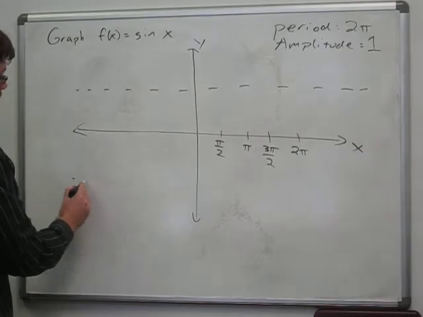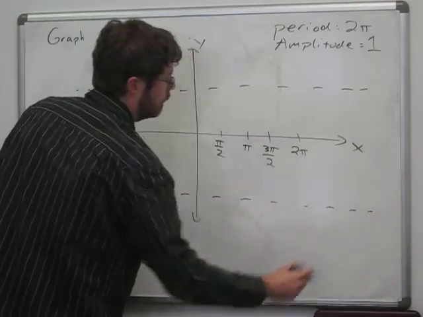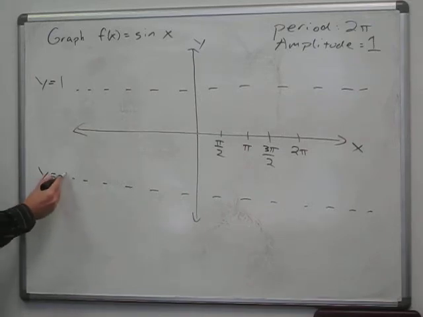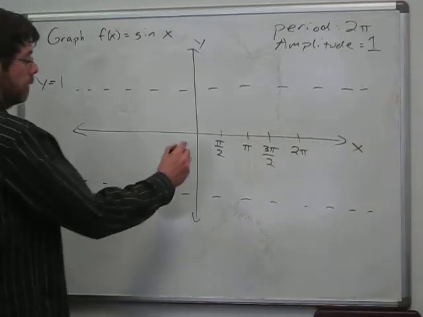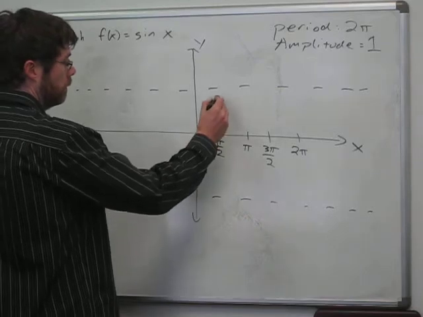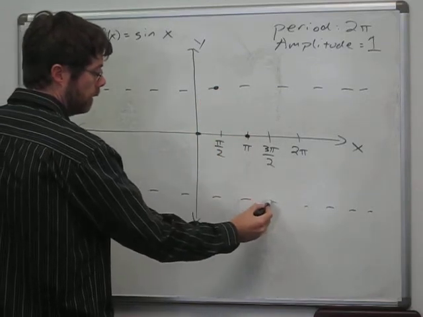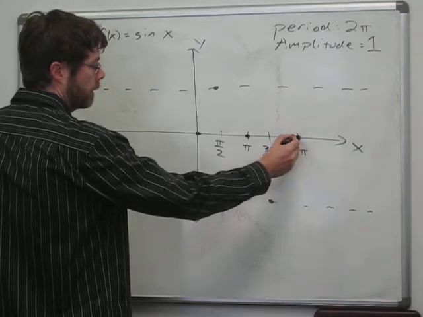So I'm going to throw in a couple of guides at y equal to 1. And the other horizontal line here, y equal to negative 1. Okay. So the sine of x, when you put in 0, you get 0. Pi over 2, you get 1. Pi down to 0. 3 pi over 2, negative 1, and back up to 0.